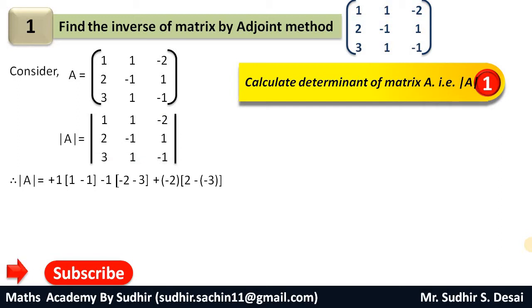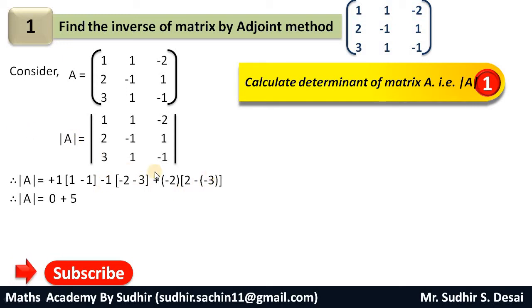Okay, now let's simplify this. So determinant of A is equals to, here you can observe that 1 minus 1 will become 0 and 0 into 1 is 0. Next, -2 minus 3 is -5. When it is multiplied to -1, so minus minus will become plus, and 5 into 1, 5.